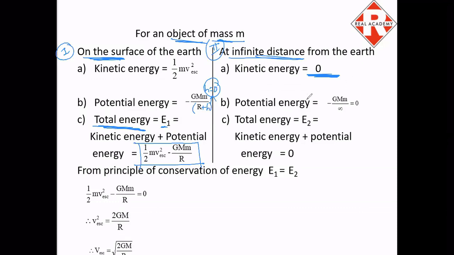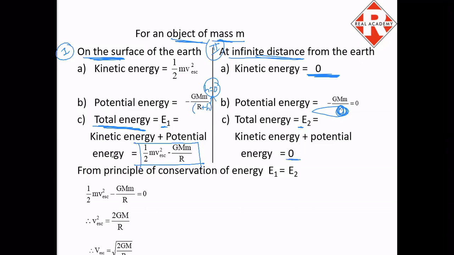Or if you simply see the formula, minus GMm upon r, if r plus h is infinite, in that case this potential energy will also become zero. So overall energy E2 will be kinetic energy plus potential energy, that is zero.